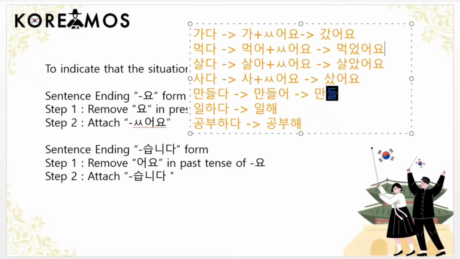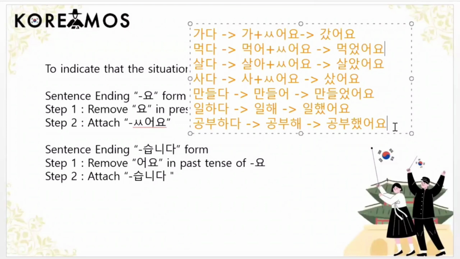And it'll be 만들었어요. 일했어요. 공부했어요. So, 가다, 가요, 갔어요. 먹다, 먹어요, 먹었어요. 살다, 살아요, 살았어요. 사다, 사요, 샀어요. 만들다, 만들어요, 만들었어요. 일하다, 일해요, 일했어요. 공부하다, 공부해요, 공부했어요.